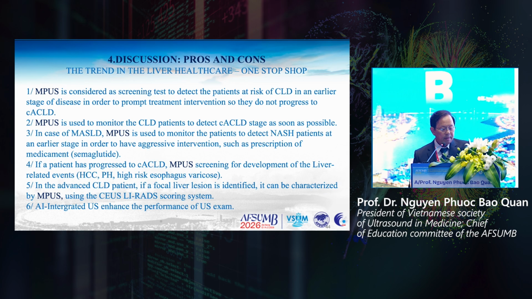So I summarize my topic. Multiparametric ultrasound is considered a screening test to detect patients at risk of chronic liver disease at an early stage and to prompt treatment intervention so they do not progress to an advanced stage.